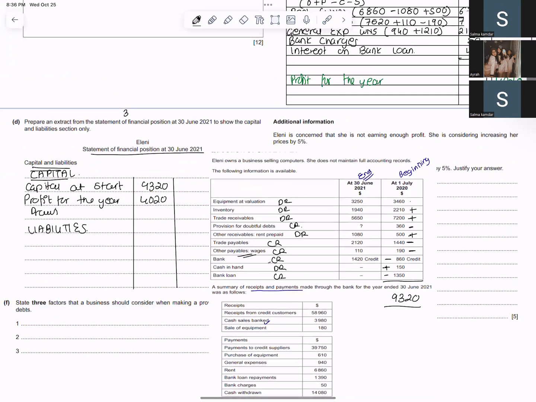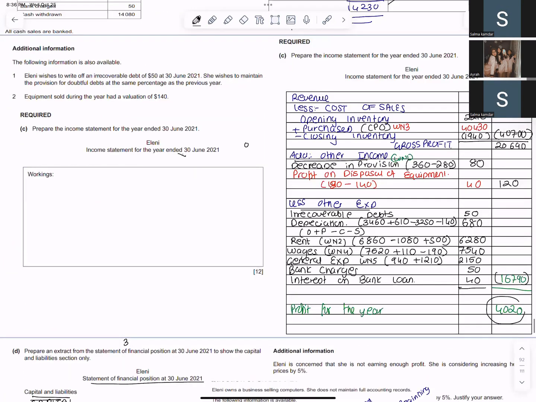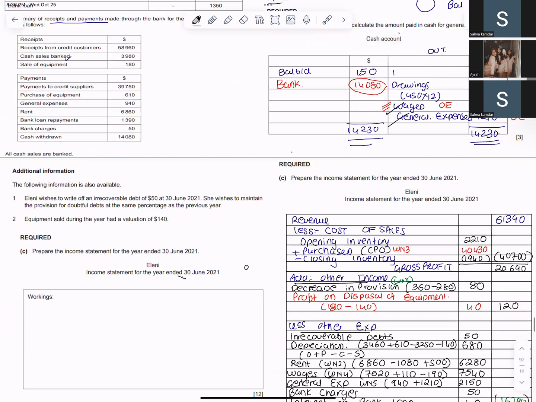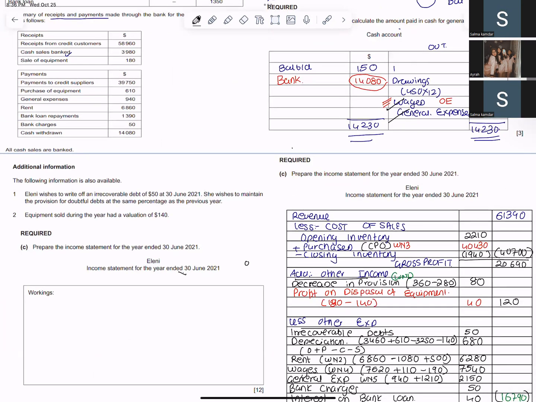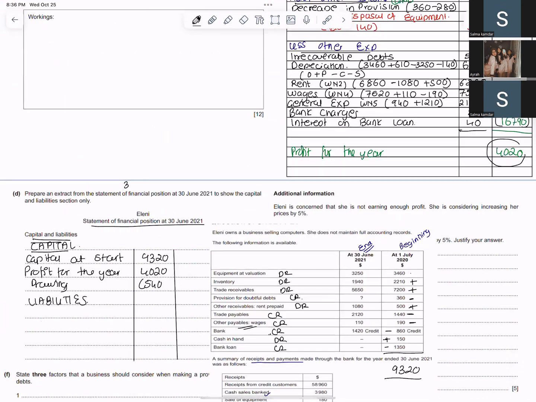Is there any? Let's check if there are any drawings. I saw in the cash account we had drawings. Yes, 5,400. So this will be your capital at the end.